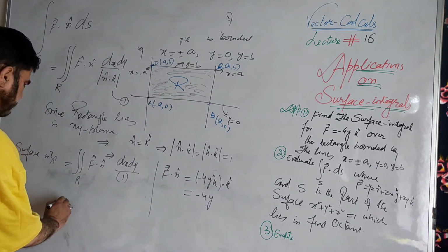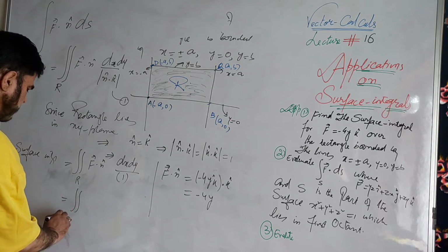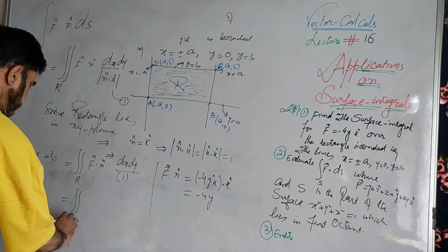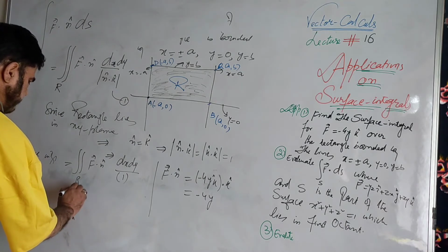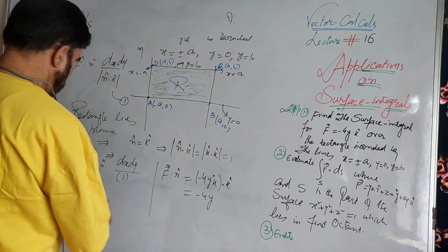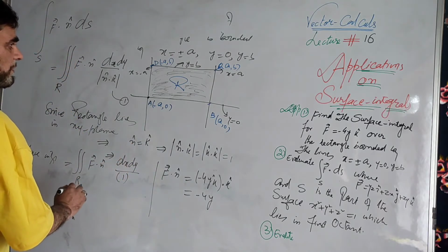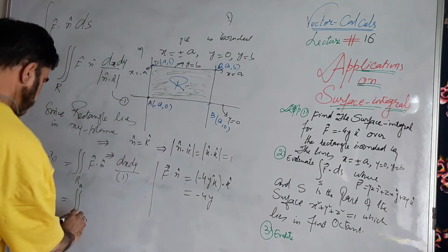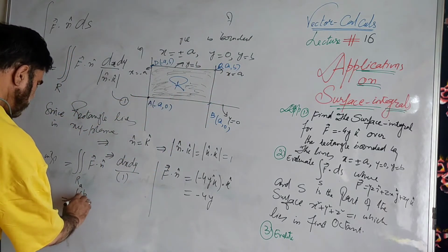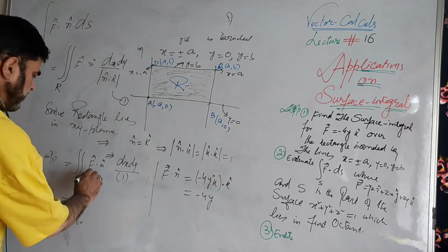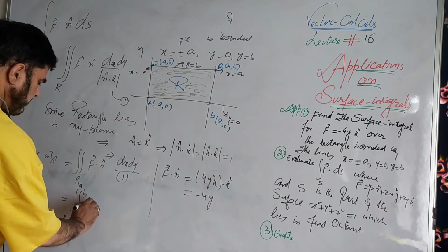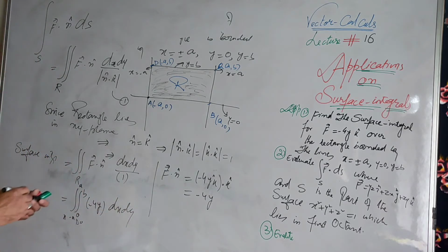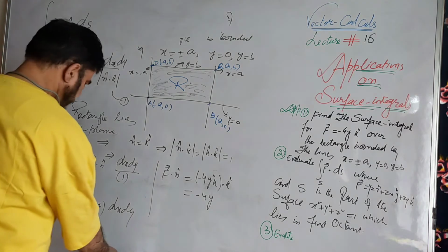Therefore I replace this now: x goes from minus a to a, and y goes from 0 to b. This is your f dot n, minus 4y, and you will write only dx dy. Now simplify this and you will get the result.